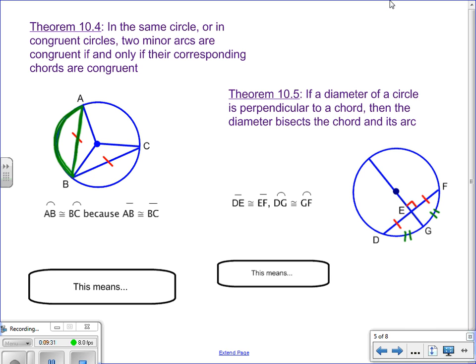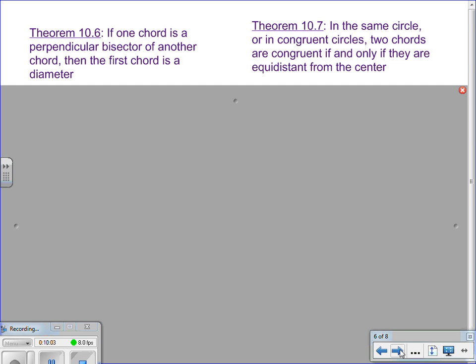So you just got to understand that not only does it cut the chord in half, but it also cuts the arc in half, which hopefully makes sense because the full chord is DF. And then the full arc would be DF as well, arc DF. Okay, and if I'm cutting that in half, G is in the middle, so I'm just going to split it up. Okay, so hopefully that makes sense. So please make sure you're drawing these out, marking the picture up however you need to, and then starting to memorize this.